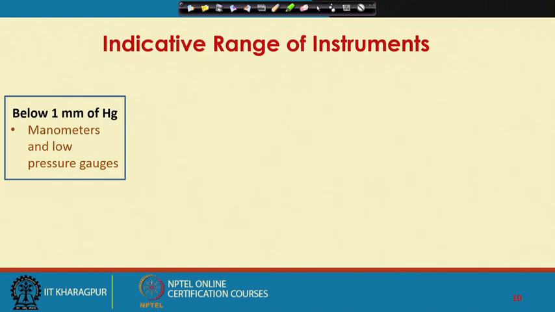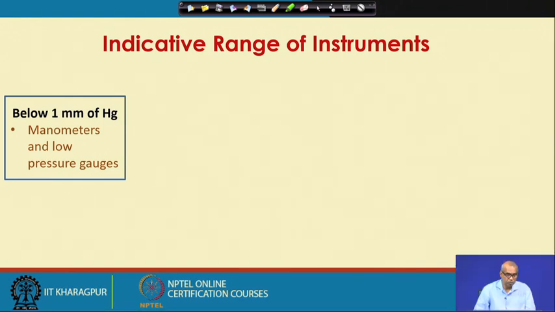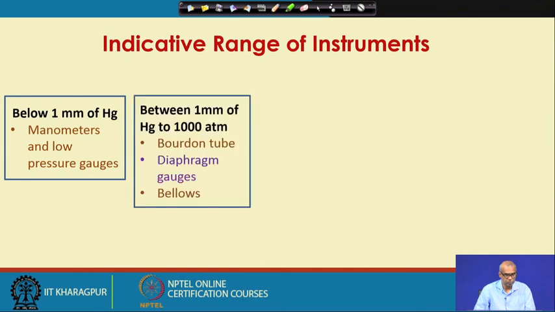For example, below 1 millimeter of mercury, we use manometers or low pressure measuring instruments. Between 1 millimeter of mercury to 1000 atmosphere, we use elastic pressure transducers such as Bourdon tube, diaphragm gauges, bellows, etc.